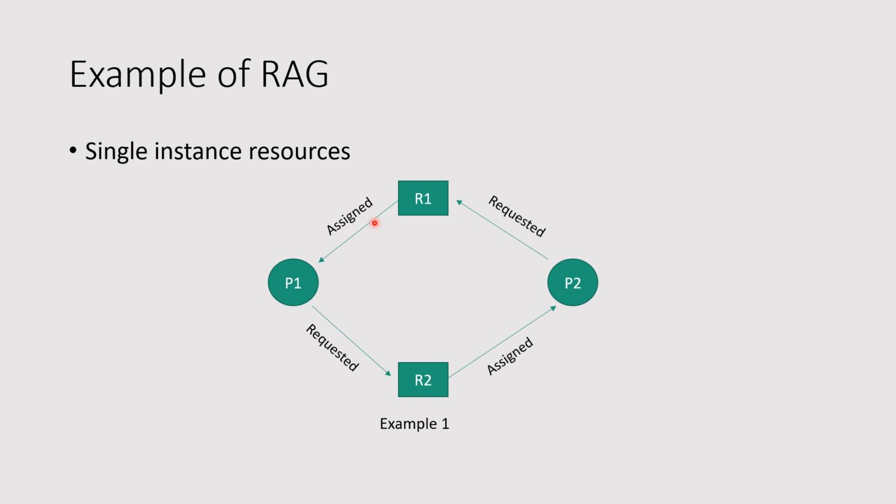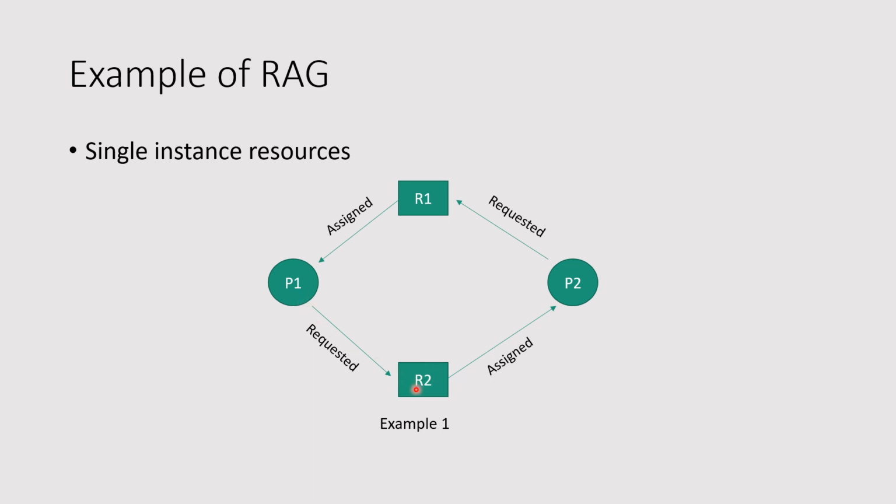See, in this diagram, we have two processes P1 and P2 and two resources R1 and R2. And these are the directed arrows which clearly shows that this resource has been assigned to P1 as the direction of arrow is towards the process, and this process is requesting for this resource as the direction of the arrow is towards the resource.